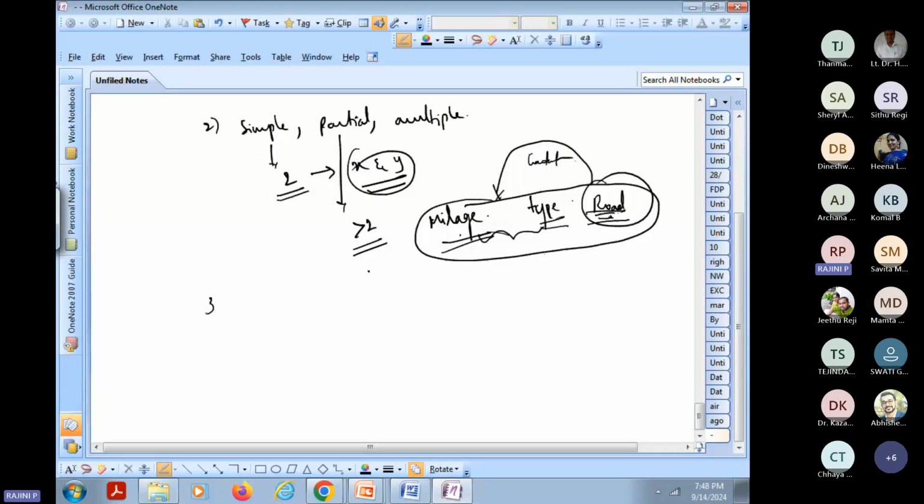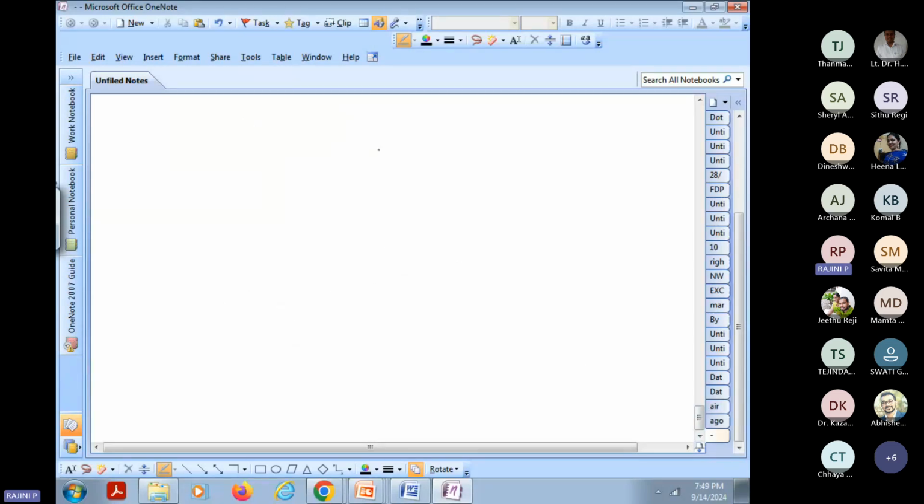And next one, linear and non-linear correlation. So what is the meaning of this? If there is a linear relation between the variables, when I have plotted the values on the graph, you get data like this, either increasing or decreasing.